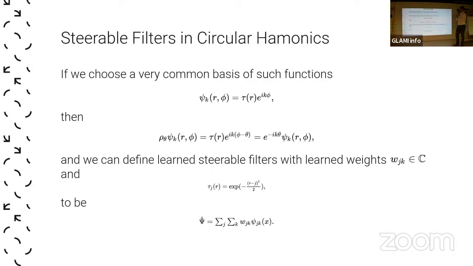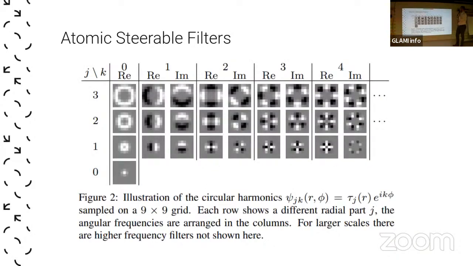I don't think that we should stop here because I don't think it's going to be obvious just from the slides. Rather, I should show you the atomic filters that work for the rotation equivariance. On the horizontal axis, you get the momentum. That tells you how many maxima and minima you hit if you take a look at the filter while rotating.